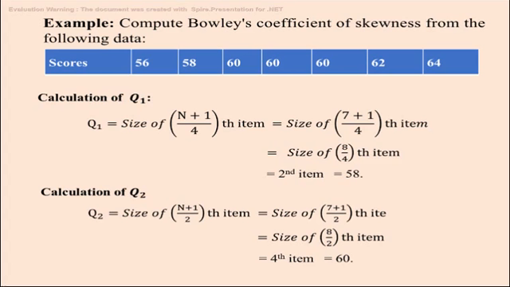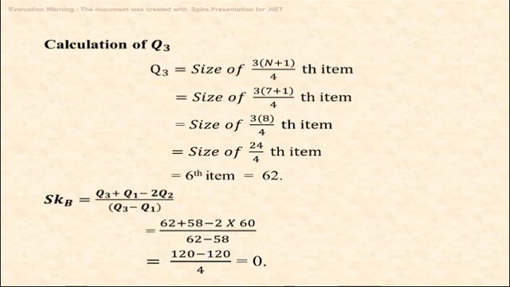The fourth item is 60, so Q2 is equal to 60. Now we have to calculate Q3. Q3 is equal to size of 3 into (n plus 1) divided by 4th item, which is 3 into 8 divided by 4, the sixth item. The sixth item is 62, so Q3 is equal to 62.